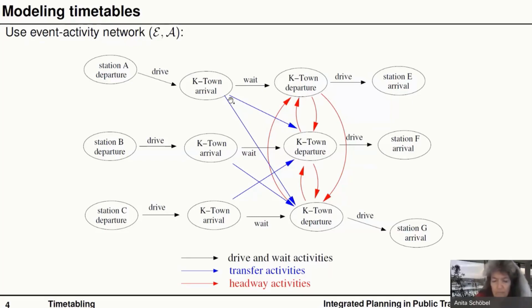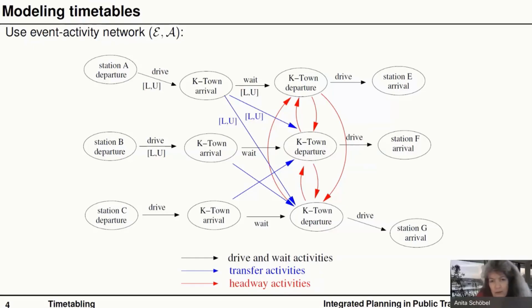And if a passenger leaves a train to board another one, then the leaving of a train, the deboarding, has to be before he can board, obviously. And the red activities also represent this order in time. If I have such a red activity, then it makes sure that if this one event takes place, then there has to be some time which we need to accept before we can schedule the next departure.